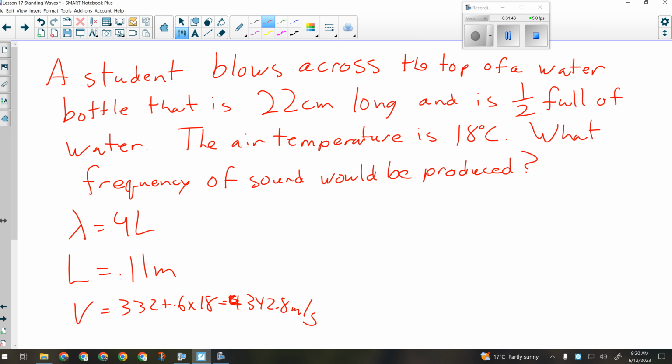I can find lambda because I know the length of the column of air, and I know that lambda equals 4 times that length. So lambda equals 0.44 meters, 4 times 0.11. Now that I've got lambda, can I find f? v divided by lambda equals f, so that'll be 342.8 divided by 0.44.